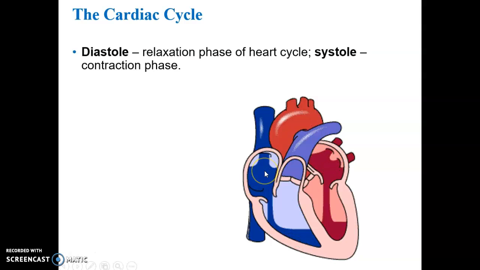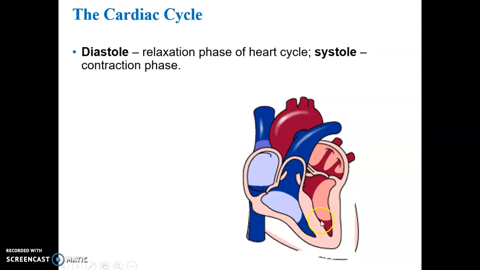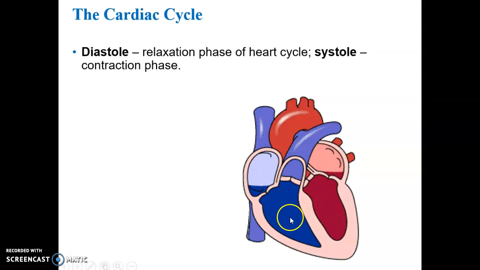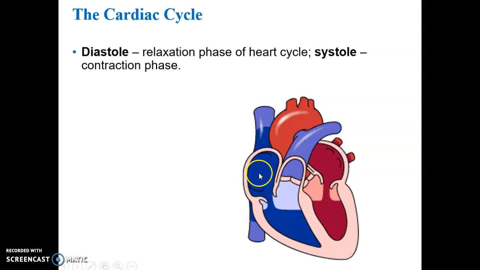Atrial systole fills completely the ventricles. While they're filling, they're relaxing. So there's ventricular diastole, and then followed by ventricular systole, which means contraction of the ventricles. So it happens pretty quick. One heartbeat at rest takes just under 1 second.